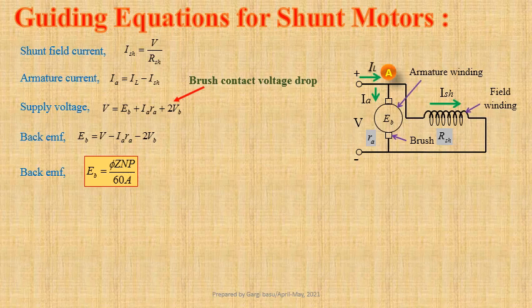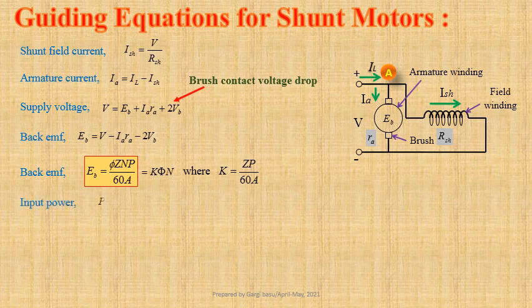Since for a particular machine Z, P and A are fixed, we can write EB equals K phi N, where K equals ZP divided by 60A is a constant.